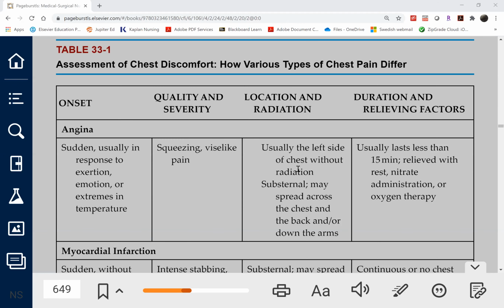Perfusion, again, is the delivery of oxygen to the tissues, and how we deliver oxygen is through circulating blood, because blood, particularly hemoglobin, carries the oxygen. So we're asking a lot from the heart. We're asking it to please deliver all this oxygen to all our customers, from head to toe.